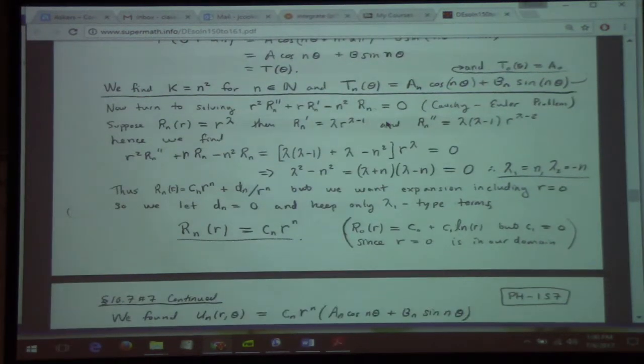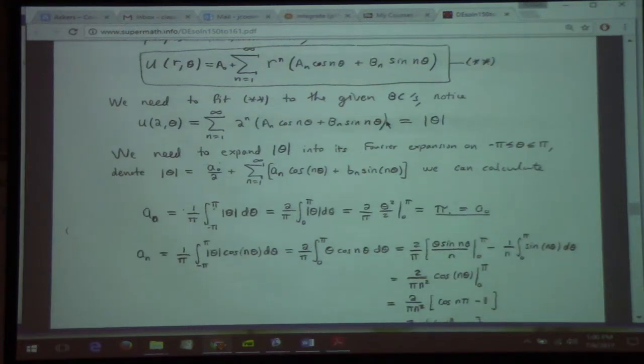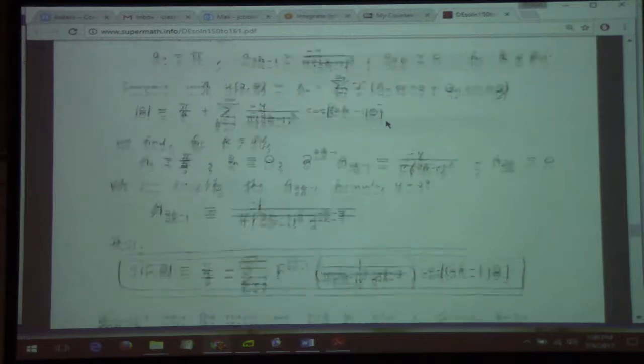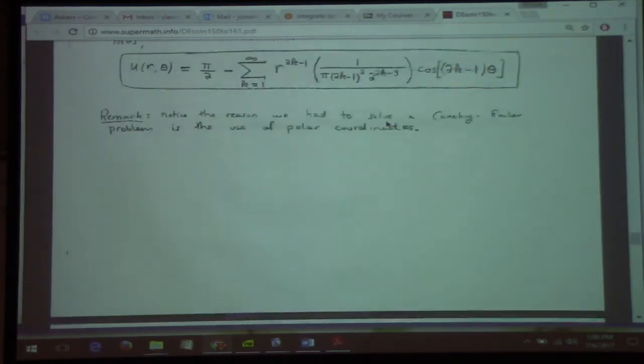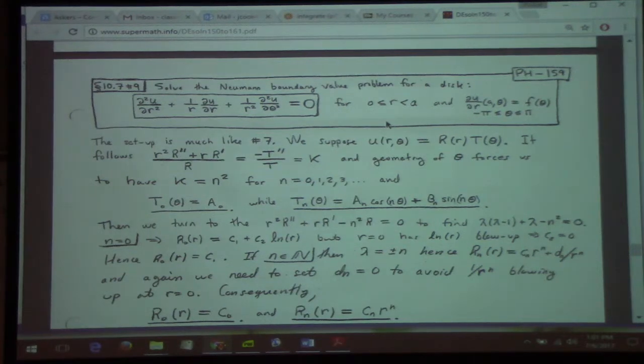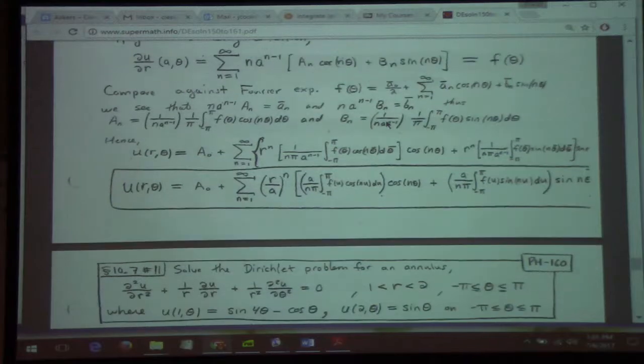You can do things like, I actually have one solved here. But that's interesting and a little bit different. Don't worry, I'm not assigning one of those to you. Just wanted to show you that Cauchy-Euler can come up here. This is a Neumann boundary value problem. Again, I have a solution posted if you're interested.